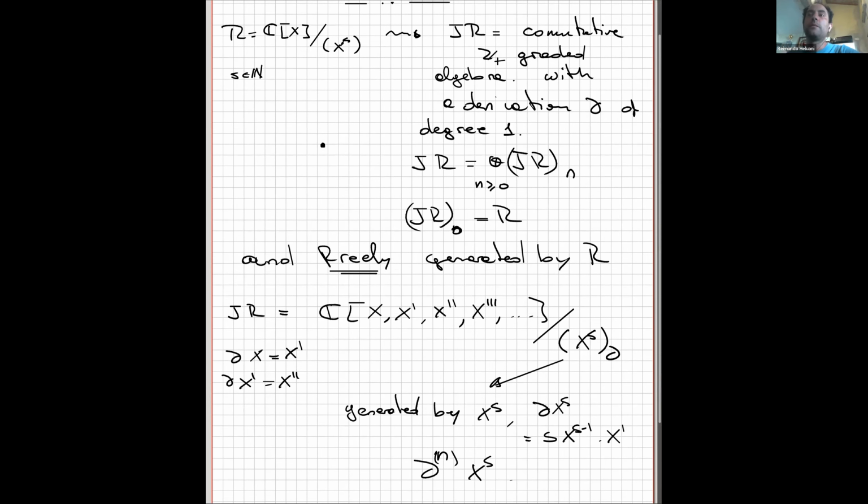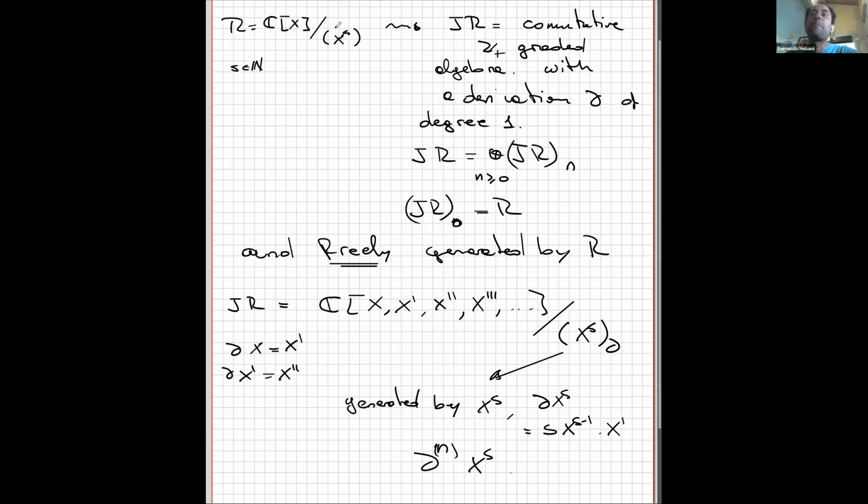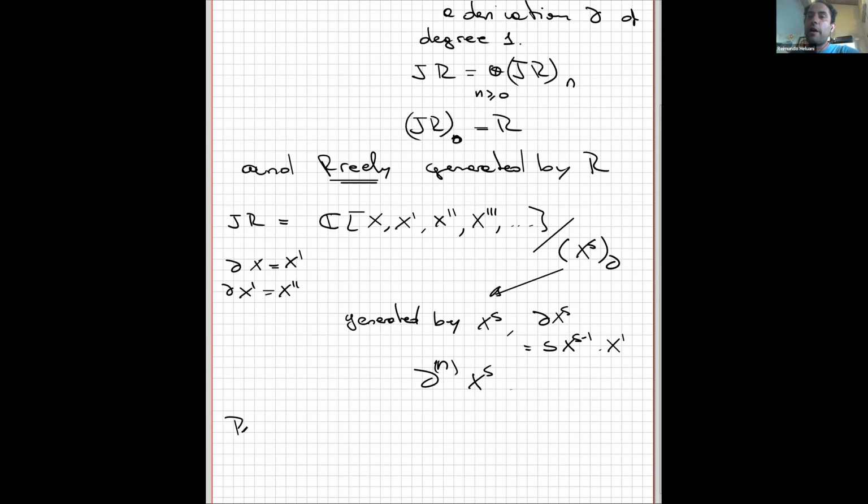And in general, I'll be interested in what happens when you have other Poisson algebras. I haven't used the Poisson structure in R, and we will never use it in this talk. But in general, if R has a Poisson structure, so if R is the algebra of functions on an affine Poisson variety, then JR is a Poisson vertex algebra.